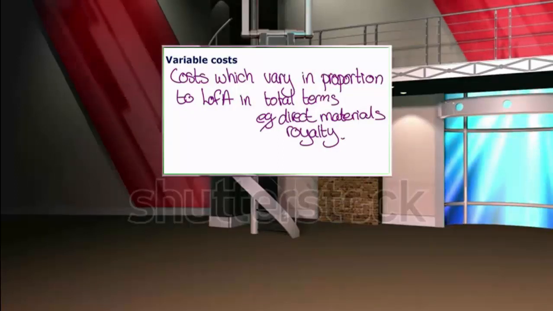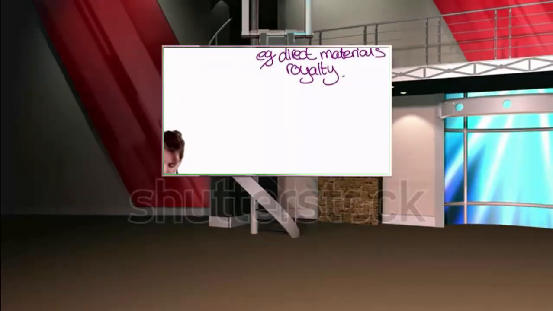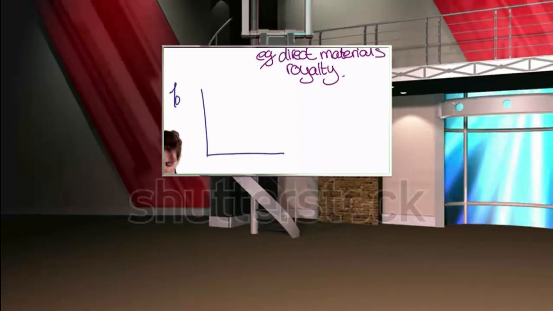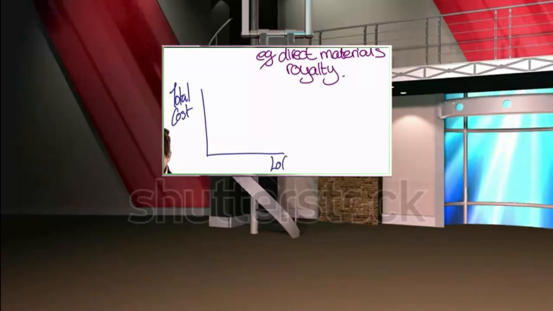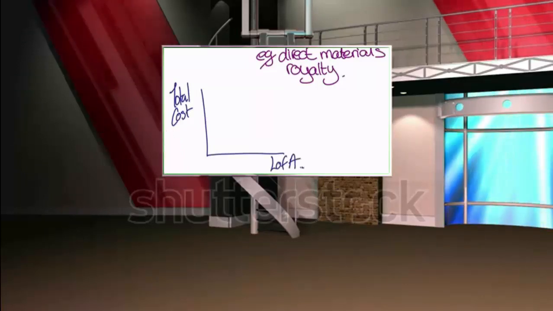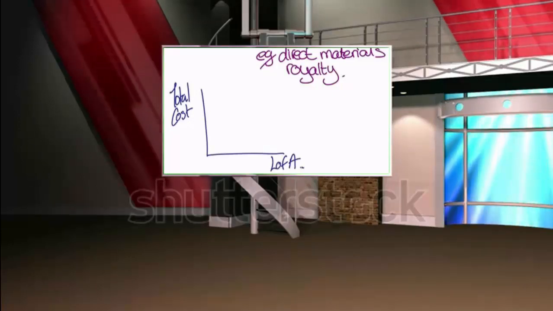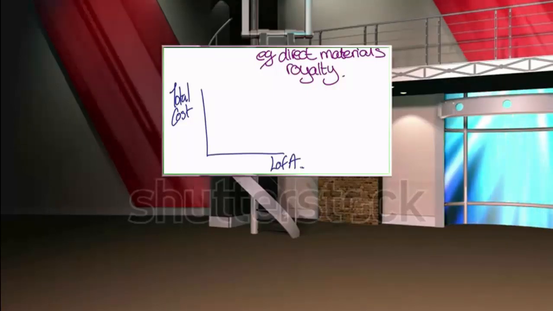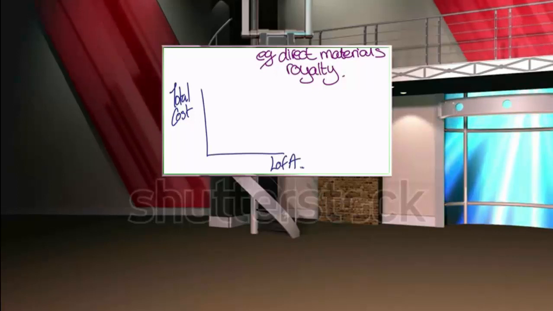If we consider then how our variable costs appear on a graph, again we've got our total costs on the y-axis and our level of activity on the x-axis. Remember, when we're graphing these cost behaviors, the first question we want to ask is, when our level of activity is 0, what will the total cost be?